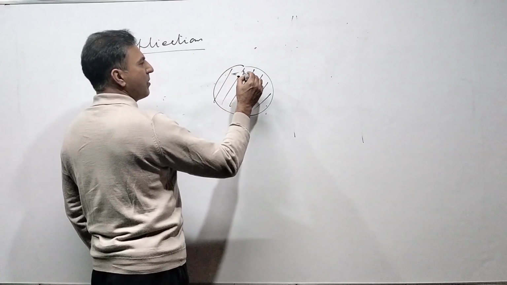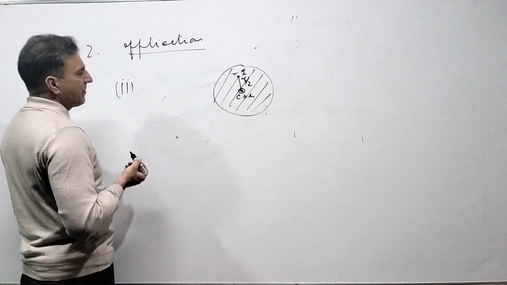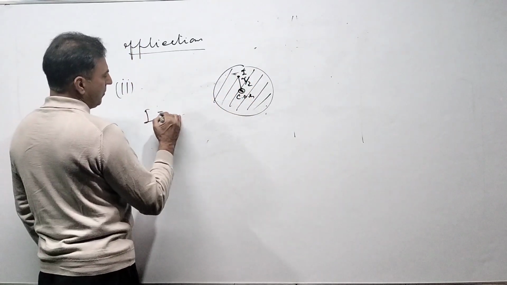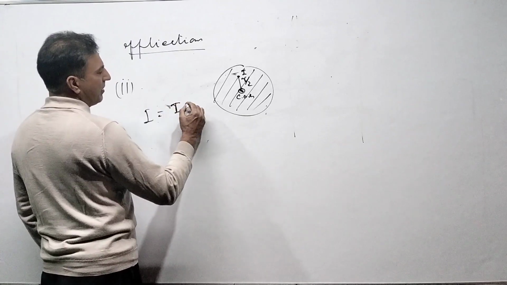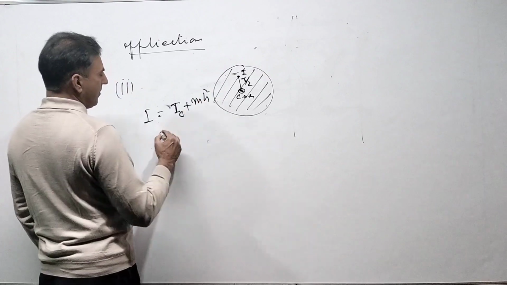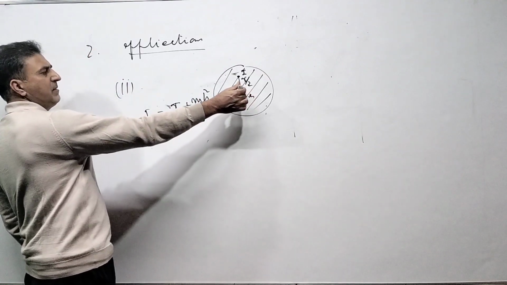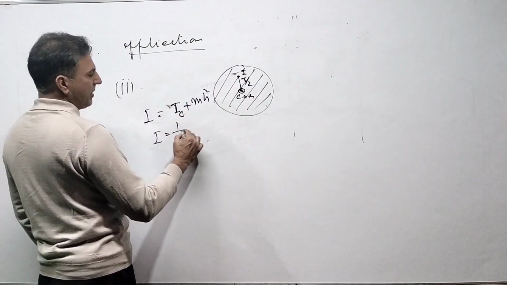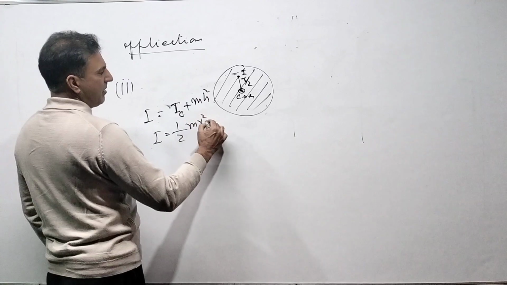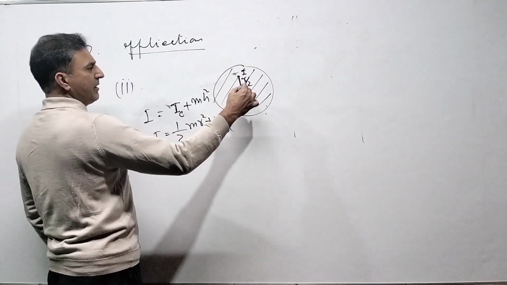What is the moment of inertia about this axis, this new axis? You know the moment of inertia about this axis. That's already we know. I is equal to IC plus mh square. What is IC? Moment of inertia about this center of mass axis, perpendicular to the plane of the board, also the plane of the disk. That is 1 by 2 mr square plus m. What is h? Distance between the two axes, this one and this one.